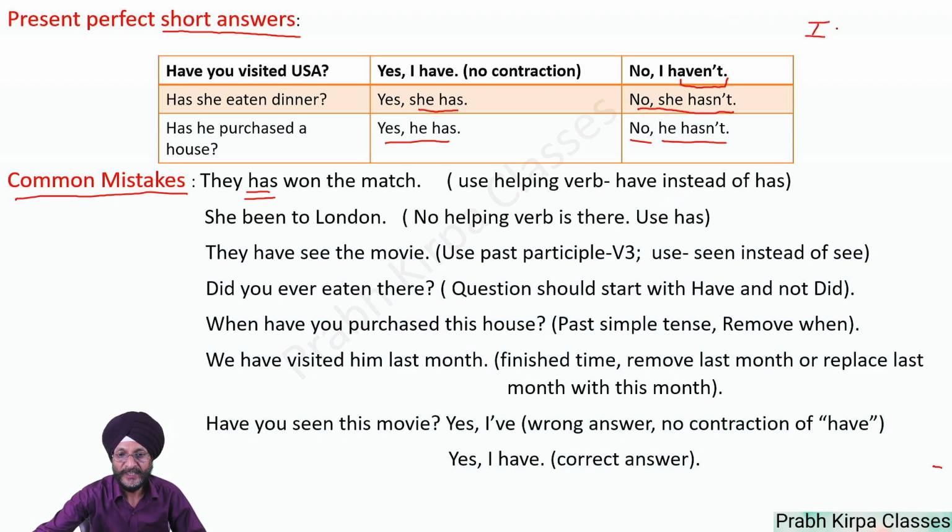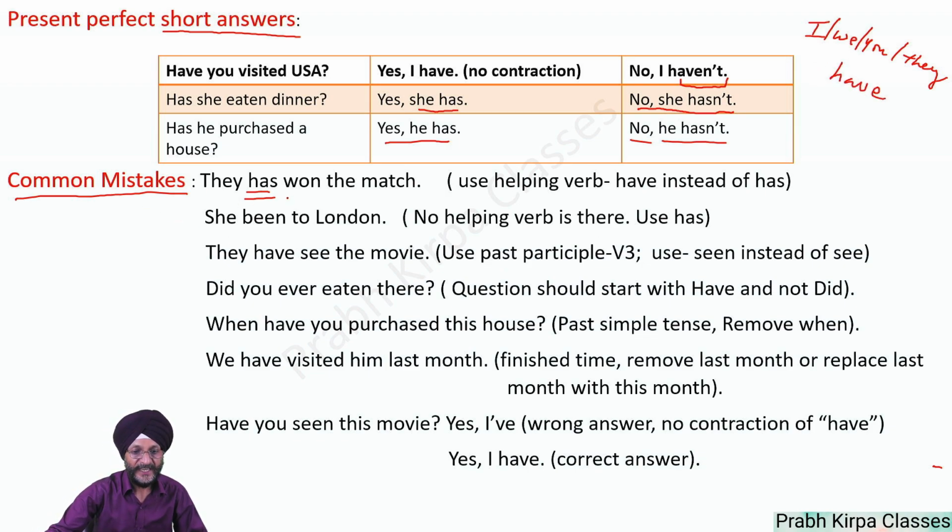As already told, in the case of I, we, you, and they, we have to use have. So they have won the match. We will use have.